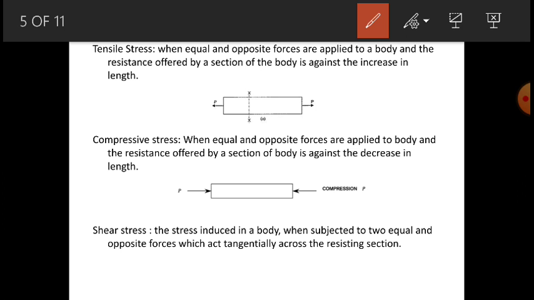Here also the forces are equal and in opposite directions, so there will be a decrease in the length. In tension it was an increase in length; in compression it is a decrease in length. The resistance applied by the body to the decrease in length is called compressive stress.